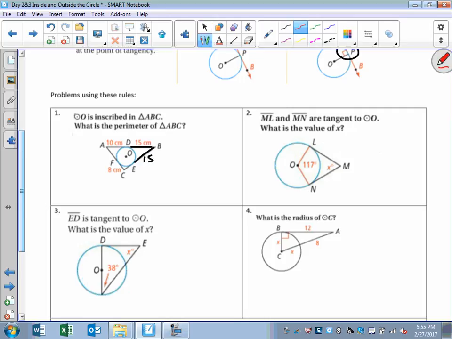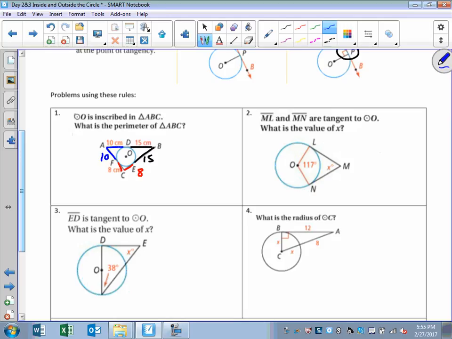If this is 8, we know that EC needs to be equal to it, so this is going to be 8. And the same thing for the last part, 10 and 10. So now to find the perimeter, all you need to do is add up all the sides.